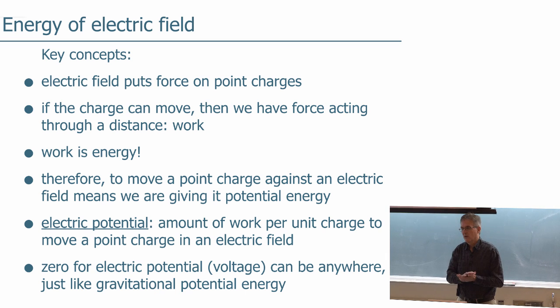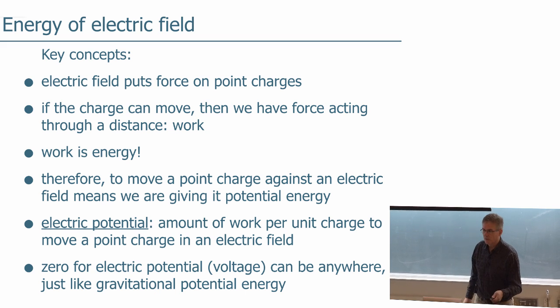The amount of work per coulomb is what we define as electric potential. We could define the same thing for gravitation, but for gravitation it's just the acceleration due to gravity, because what do we do after all? Multiply it by the mass, right? So we could define a gravitational potential as energy per unit mass.